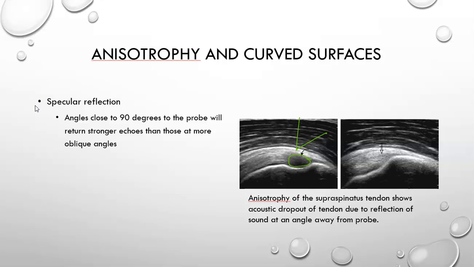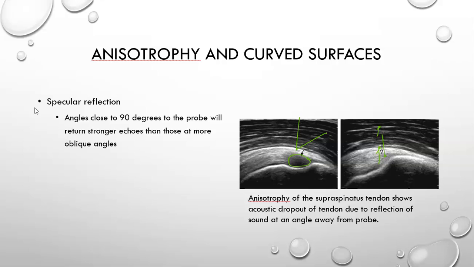If we turn our transducer a little bit, then we can get strong reflections off of the specular surface, and they come directly back to our transducer and give us the reflections we were expecting. So we just have to angulate our transducer a little bit to get rid of anisotropic effects.